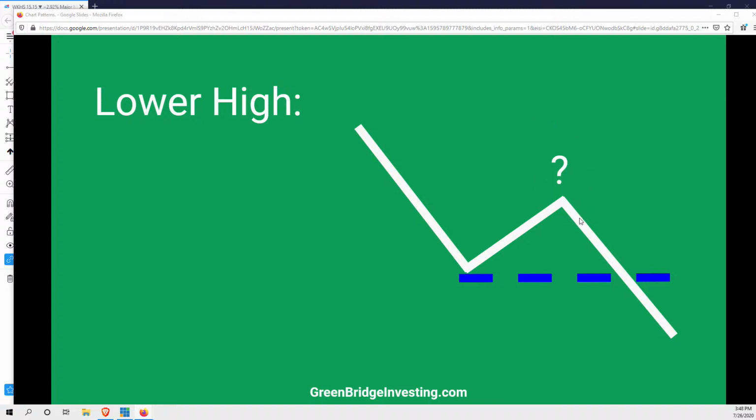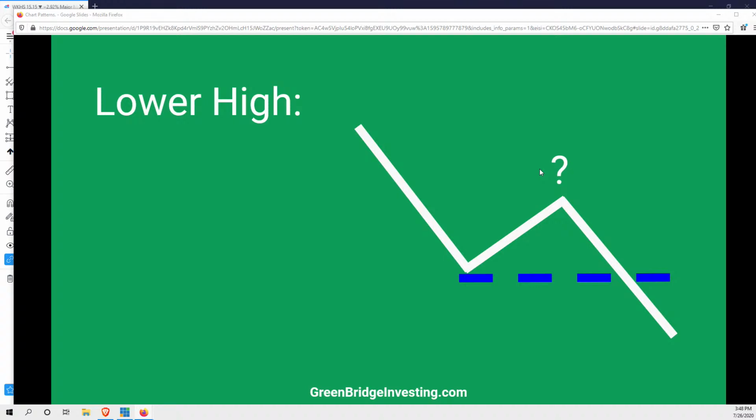But there's a difference between a formation like this and a trend change. Now, all right, this could get confusing. You can have a lower high as part of a broader bullish trend, but it's really just part of a smaller retrace. It doesn't necessarily mean that the broader trend has changed. That's what I was talking about earlier.